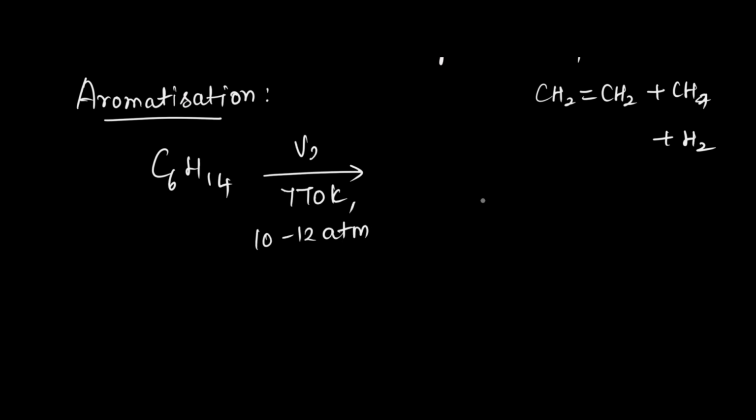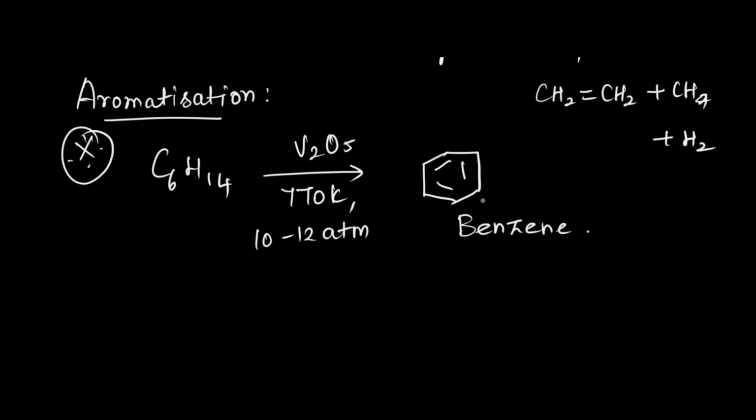Let's say I'm taking vanadium pentoxide. Once again, you can take chromic oxide or molybdenum oxide as well. I'm getting benzene. It is one of those important preparations of benzene. Please note it down.